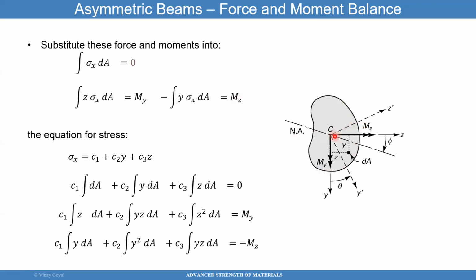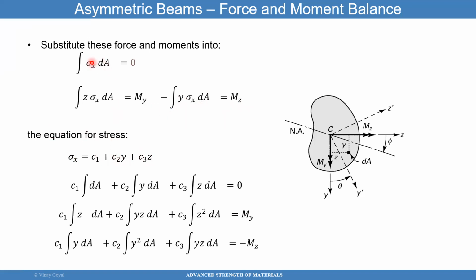Then for the moment about z, for the coordinate system that I have, y is pointed downwards, and sigma xx is pointed out of the page. So if I do the calculation, the moment has to be the negative of what I'm showing here. If you do the right-hand rule, that's what you will find, and I invite you to do it. So the equation of stress is this much.